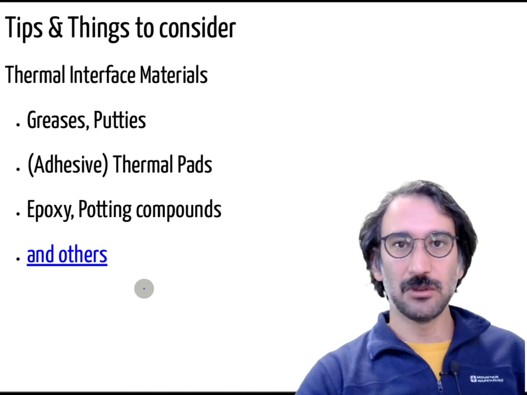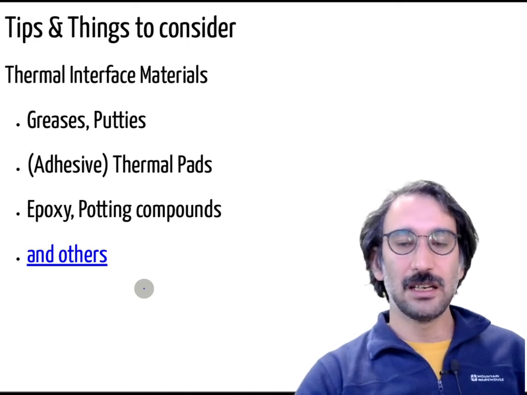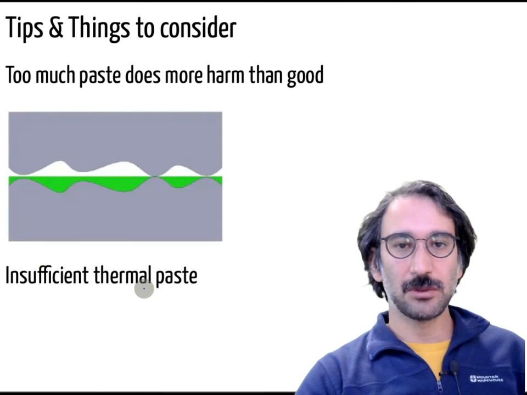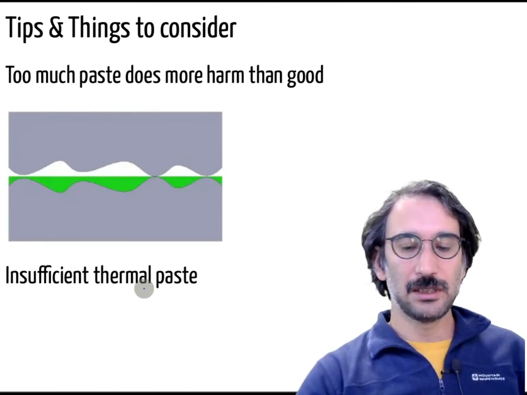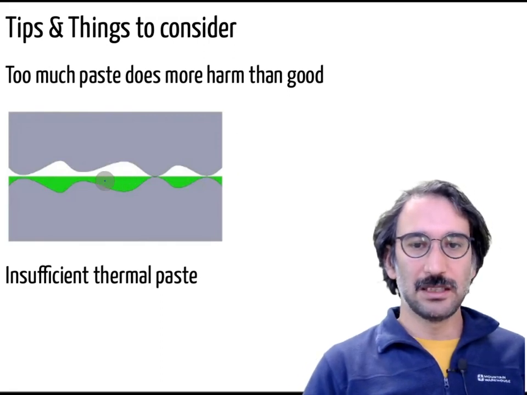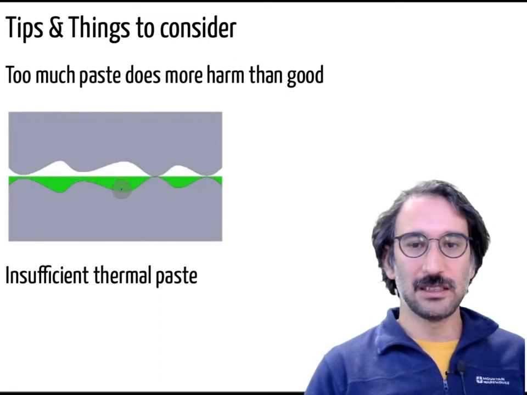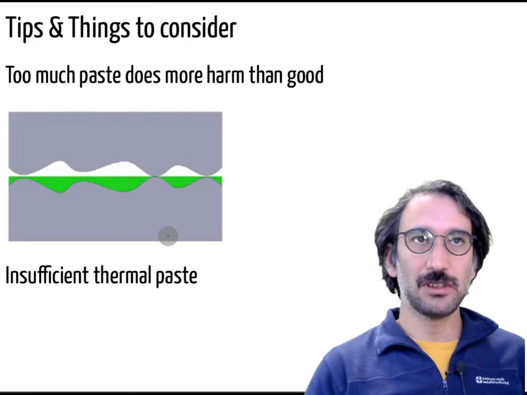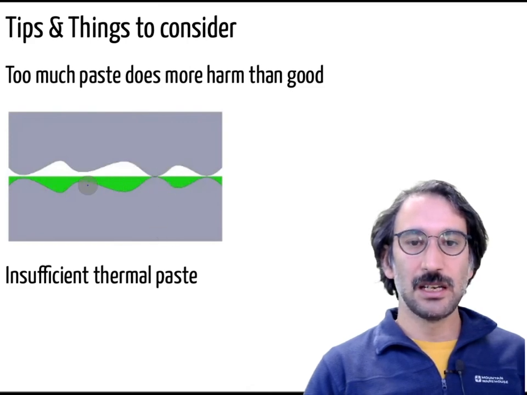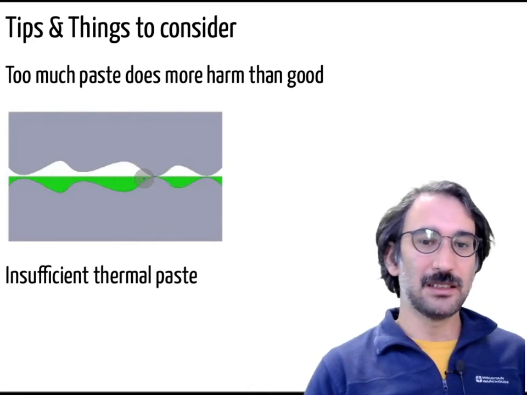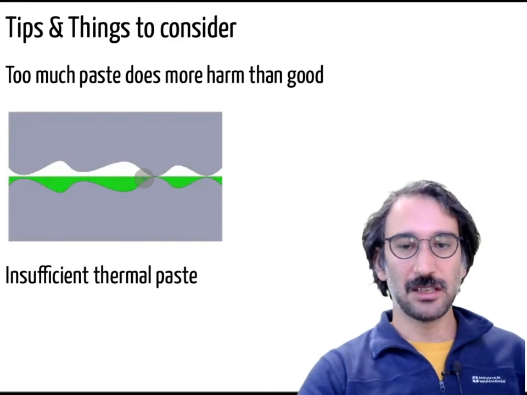I mean, there are lots of different applications, and you can have a look at that one, but you need to be careful about how much paste you put. So here, again, it is really insufficient. This is the exaggerated version of the non-idealities in the surface, and the green one doesn't fill those gaps enough.